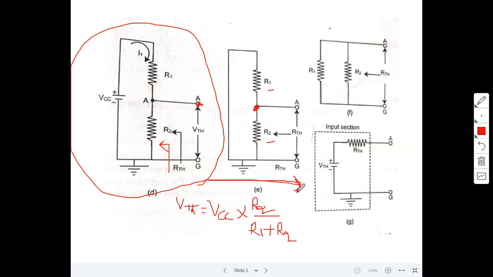That is Thevenin's theorem: any linear network can be equivalently replaced with V Thevenin in series with R Thevenin. This is the equivalent circuit.